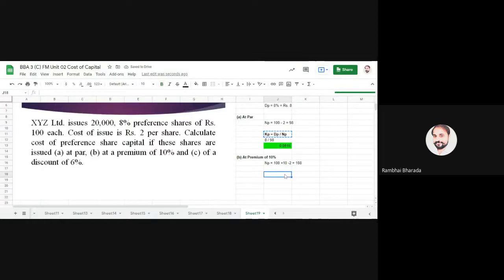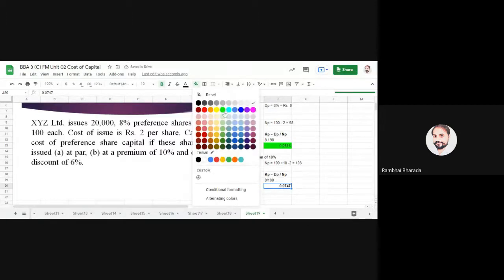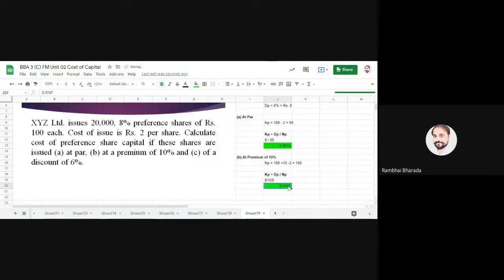Write down the formula, put the values. Dp remains same, 8, Np 108. Final answer is 0.0741 like this.